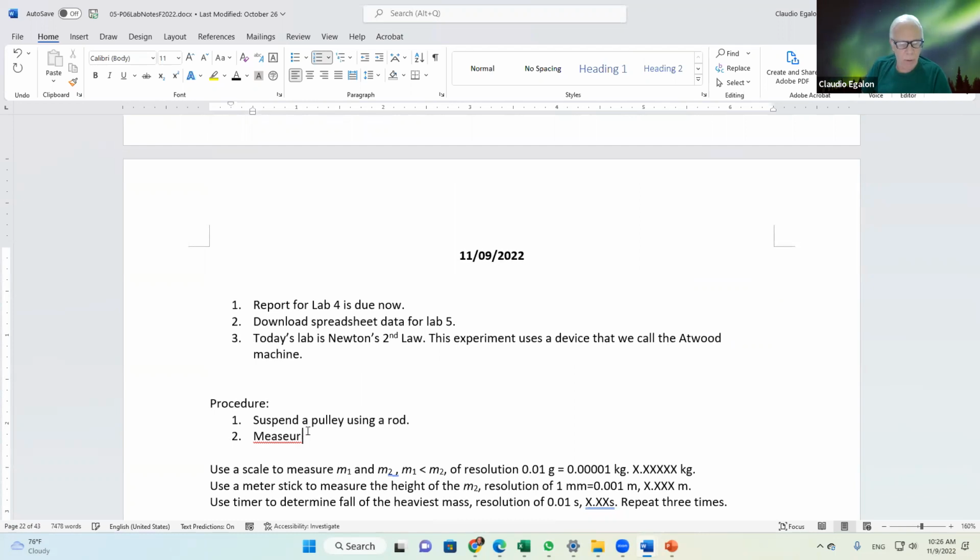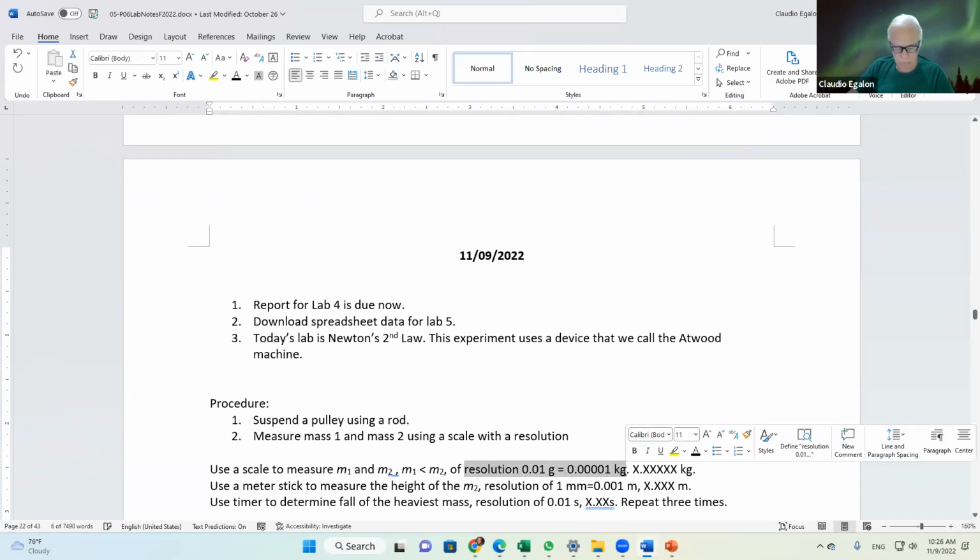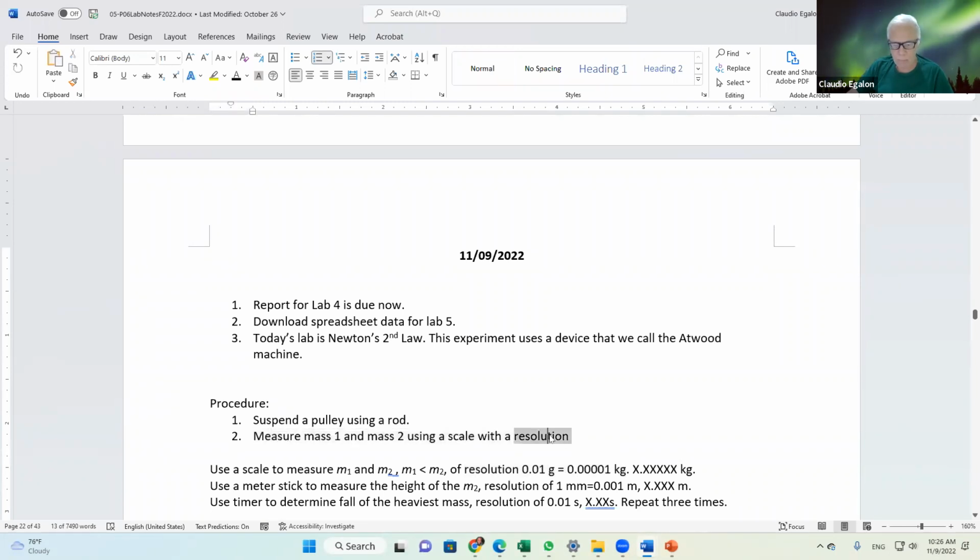Measure mass 1 and mass 2 using a scale. The scale has a resolution of 0.01 grams.